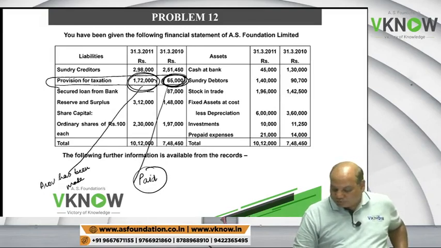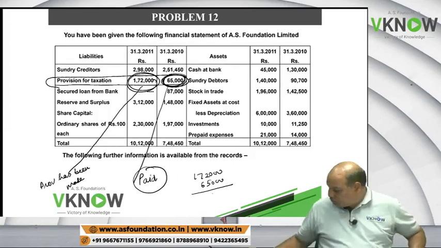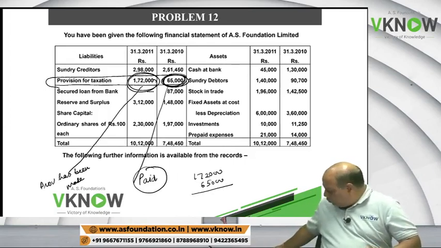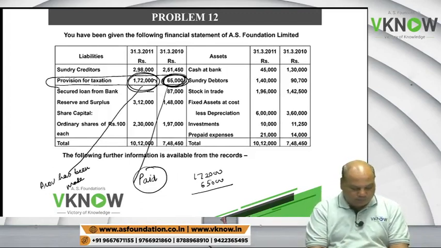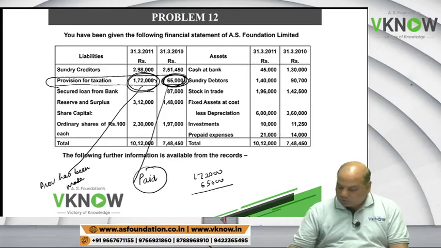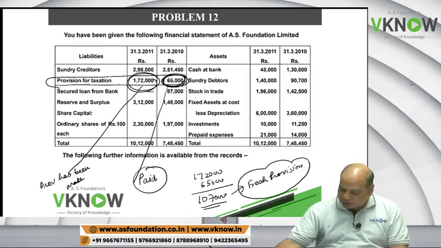Or we can assume the difference between 1,72,000 and 65,000. How much is that? 1,72,000 minus 65,000. This we can assume tax was not paid, only fresh provision of 1,07,000 is made.